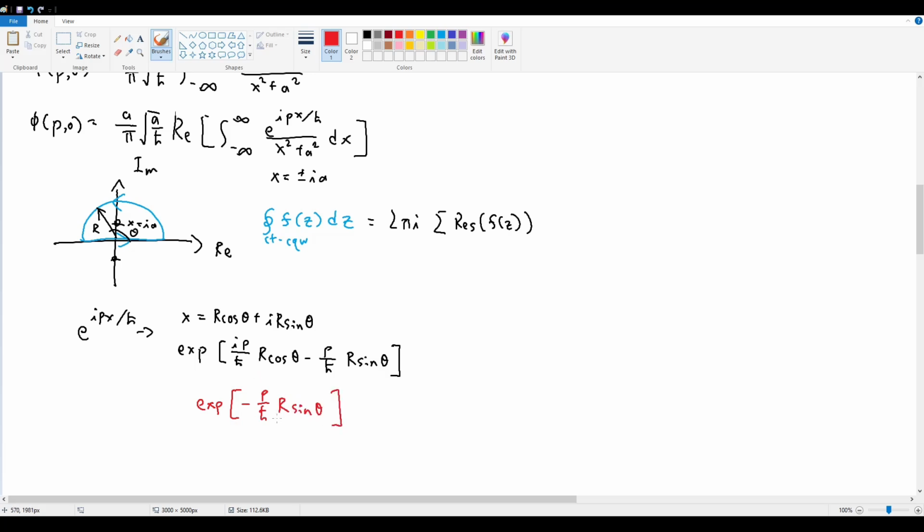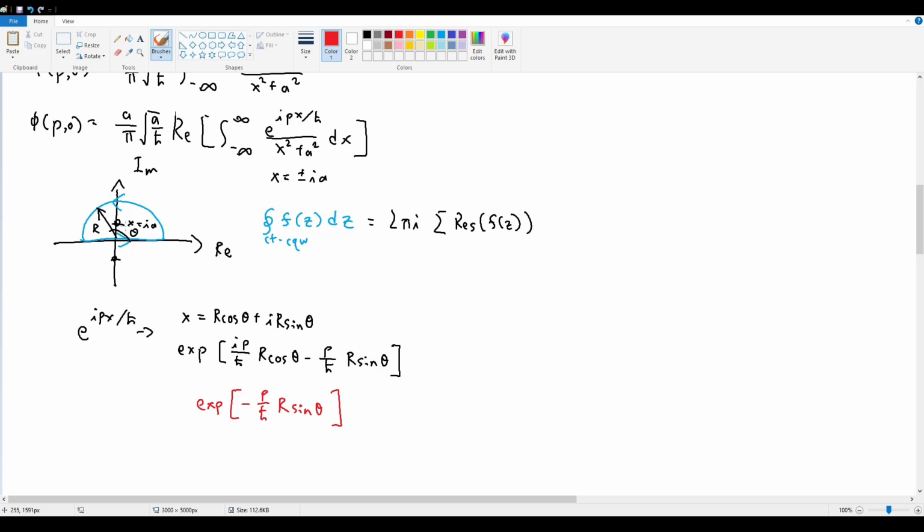And r is just a positive constant. H bar is a positive constant. So because of that, now what I have left as variables of interest is p and theta. Sine can obviously be positive or negative depending on if we close our contour on the upper side or the lower side.